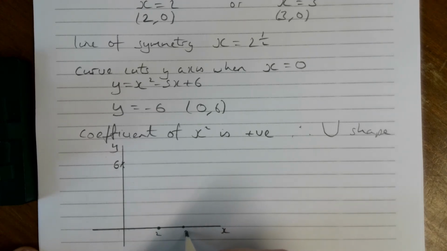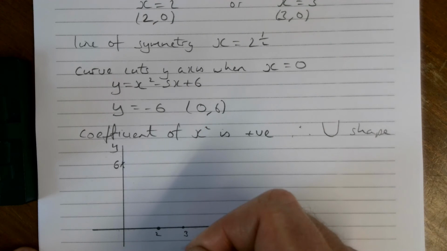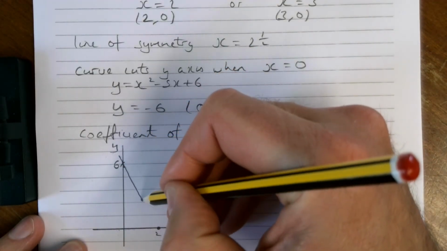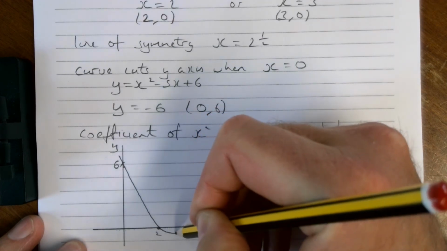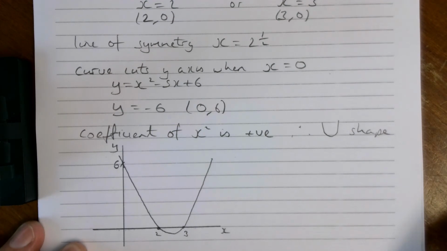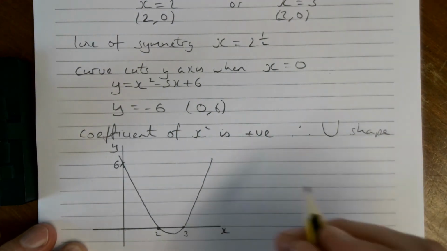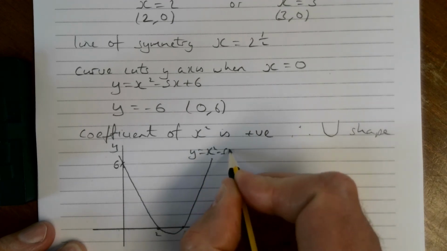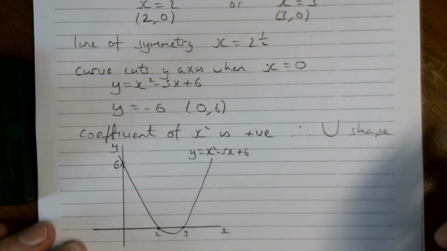So that'll be 2 and that'll be 3, and our wee line of symmetry then will be down like that. So hopefully you can see the U shape we're dealing with, and hopefully I can do it justice here by drawing it out. So that's not bad, and we end up then with a curve that looks like that. The name of that curve is obviously y equals x squared minus 5x plus 6.